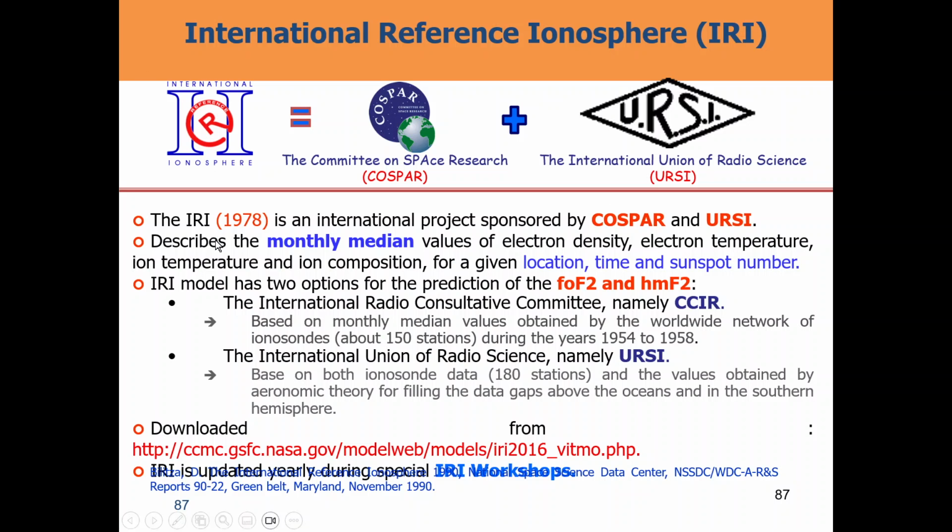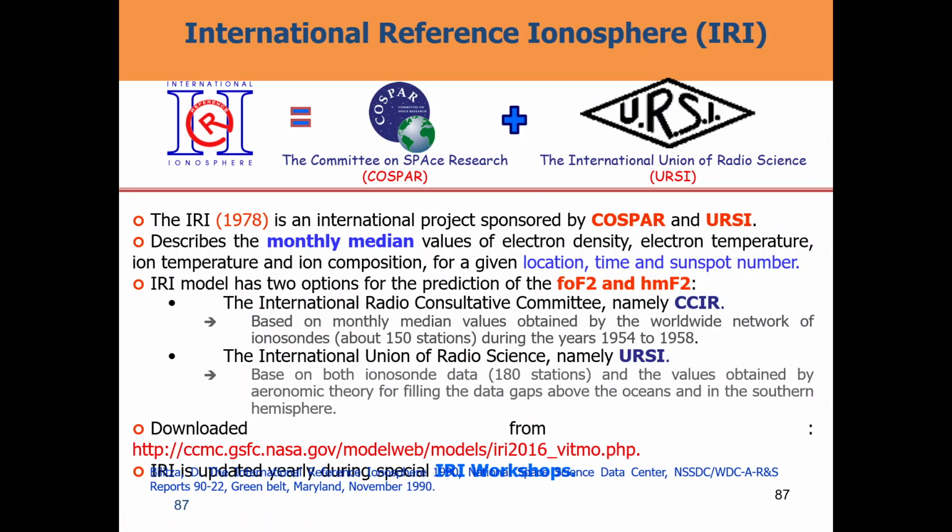A lot of these parameters are described in terms of monthly median electron density, electron temperature, ion composition, and so on, for different locations at different times and different sunspot numbers.